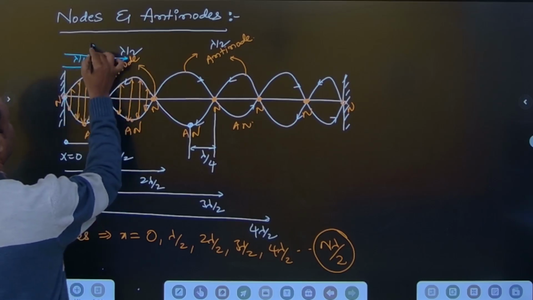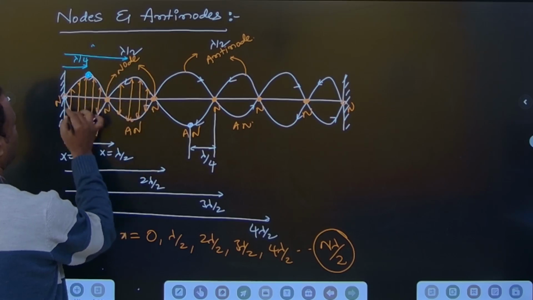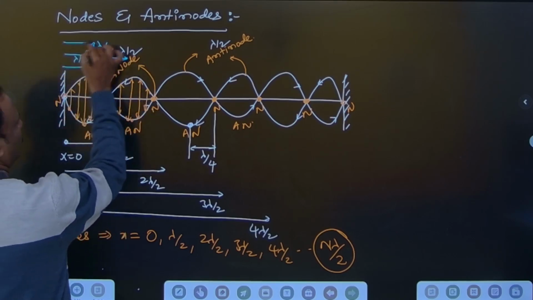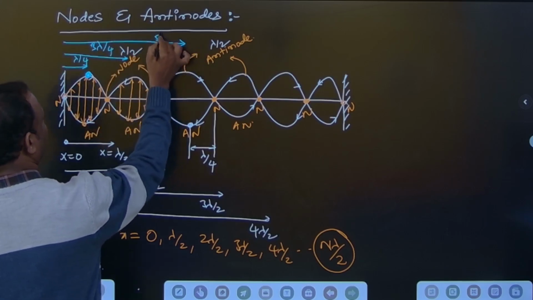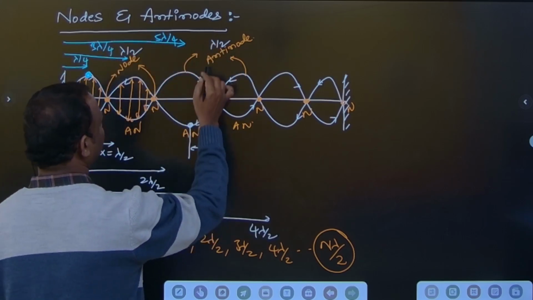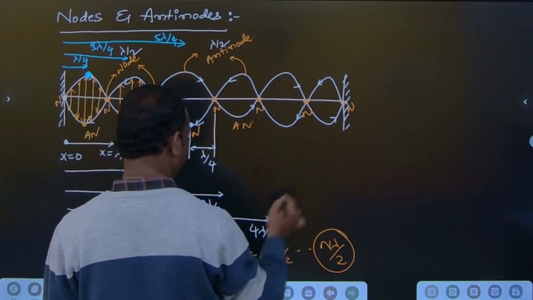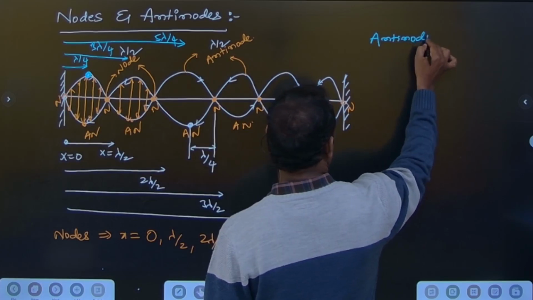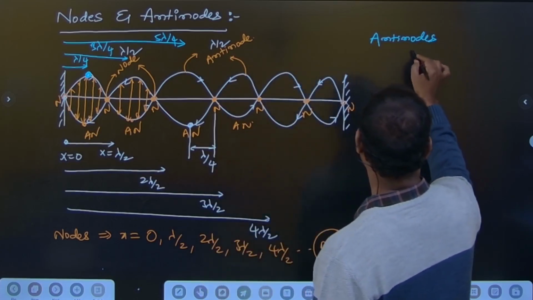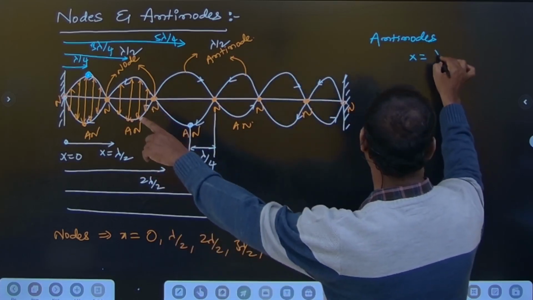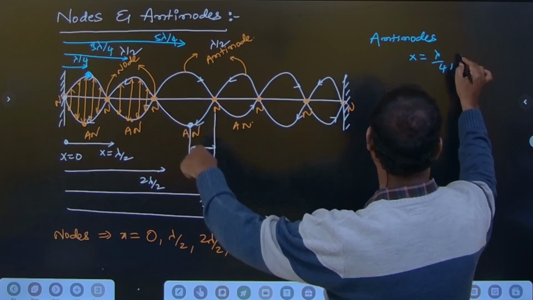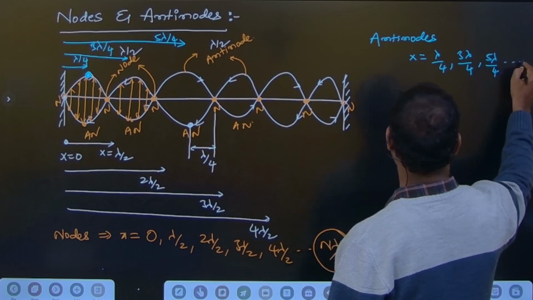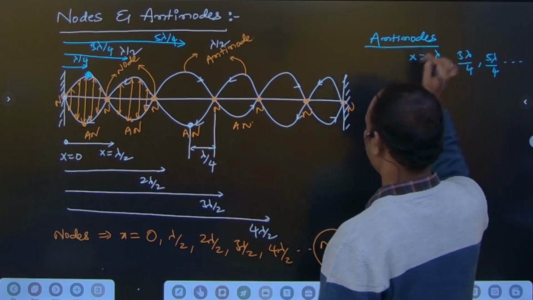And this one is lambda by 2 plus lambda by 4, which is 3 lambda by 4. Next one is 5 lambda by 4. So antinodes are formed at x equals lambda by 4, 3 lambda by 4, 5 lambda by 4, and so on. This is about antinodes.